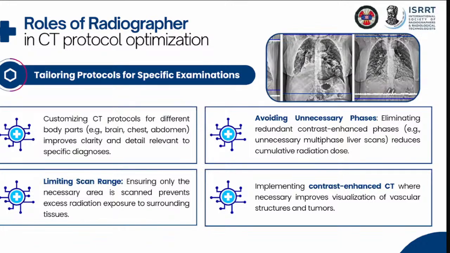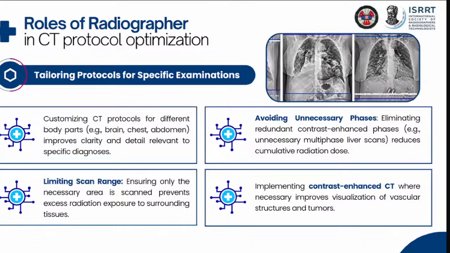We need to change accordingly. Customizing CT protocols for different body parts, for example brain, chest, abdomen, they are different protocols, whereby different kernels and different algorithms are assigned through these protocols, so it can improve clarity and detail relevant to a specific diagnosis.